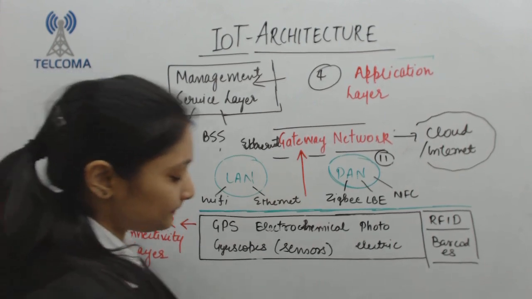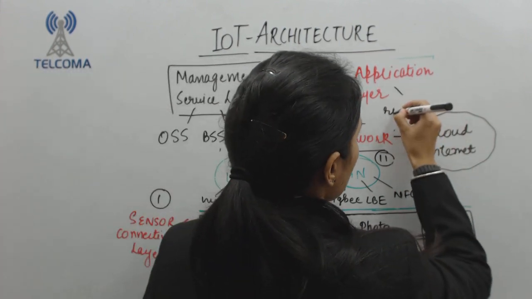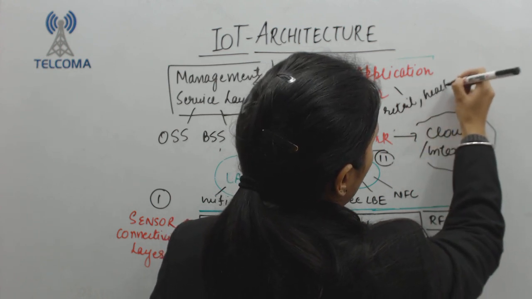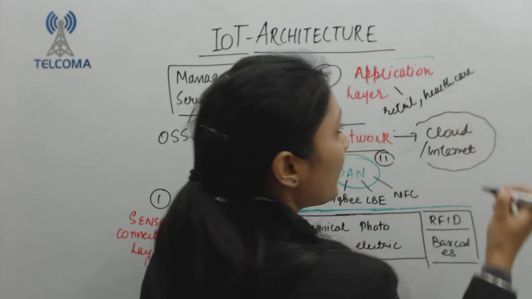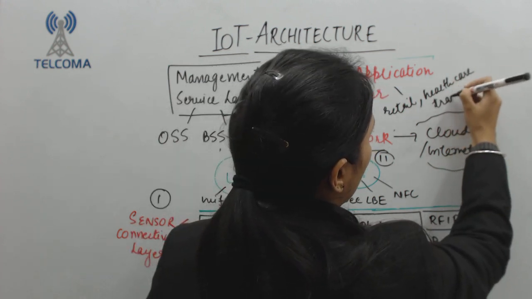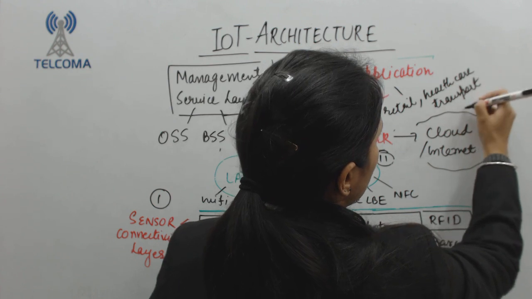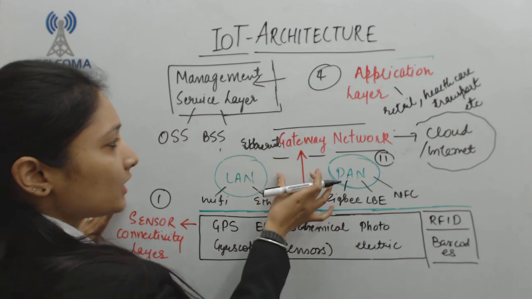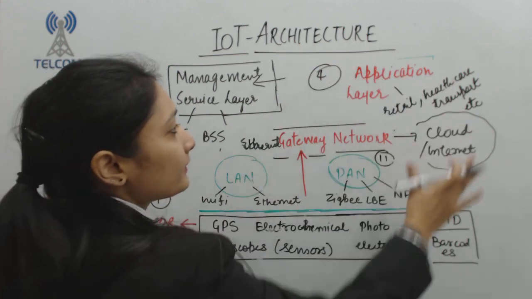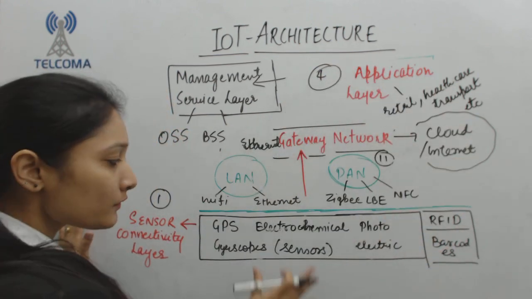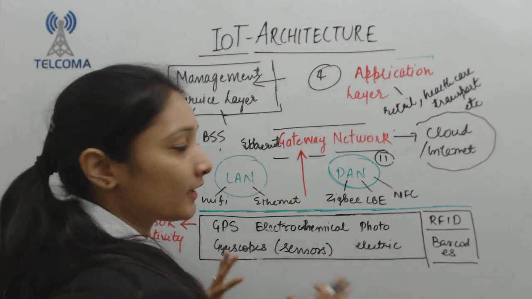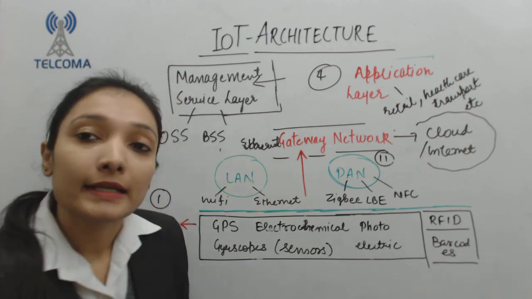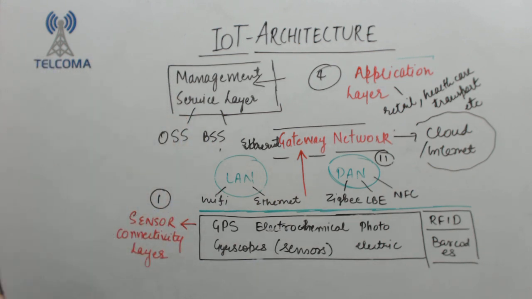That means the user platforms ranging from retail, healthcare, and transport systems, etc. So we have the sensor connectivity layer, the gateway networks, the management service layer, and then the topmost, the application layer. So we will study each of these layers one by one and what the various technologies are which are enabling this architecture for your Internet of Things here.